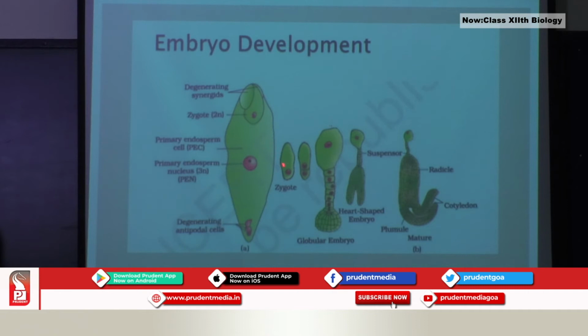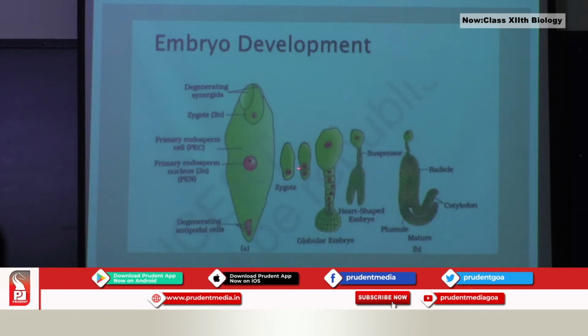This diploid zygote now carrying the diploid nucleus undergoes mitosis. So the first mitotic division results in two cells. One cell is going to be the zygote cell and the other one is going to be the suspensor cell. So you have this cell as the suspensor cell and this cell is going to be your zygote cell, which will become the embryo later.